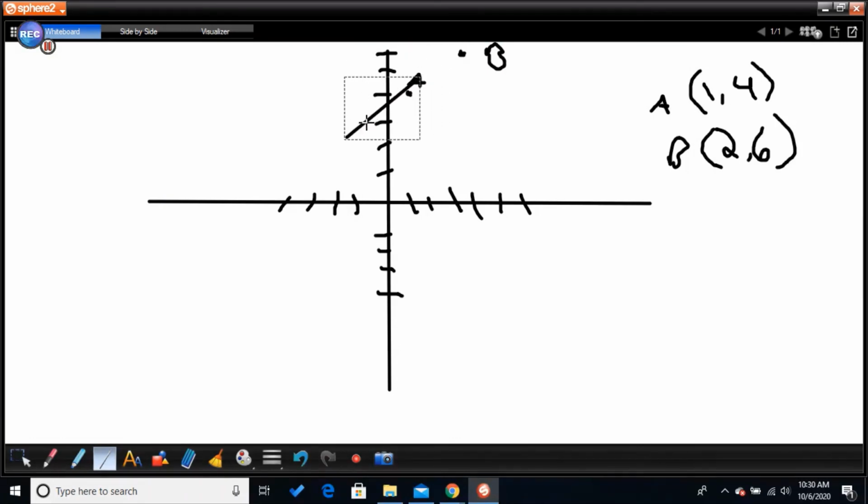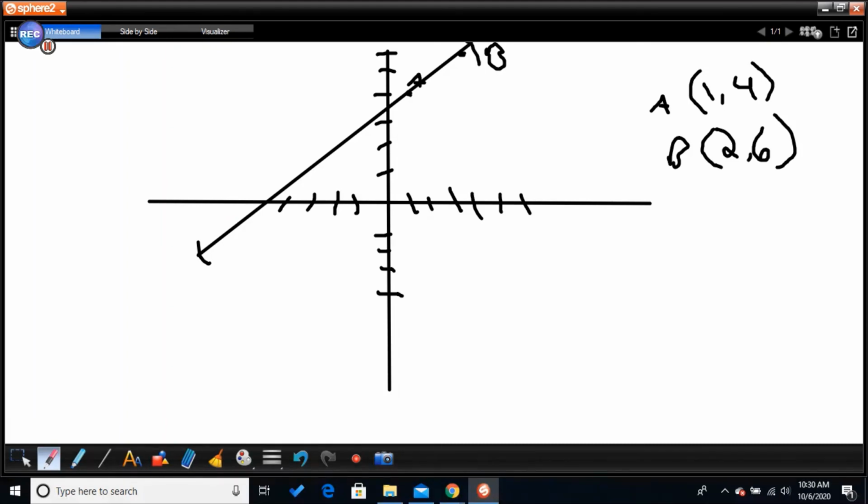Okay, so the line would just cross through the 2 points. So as long as it goes through both points, you're good. Okay? So that would be your line.